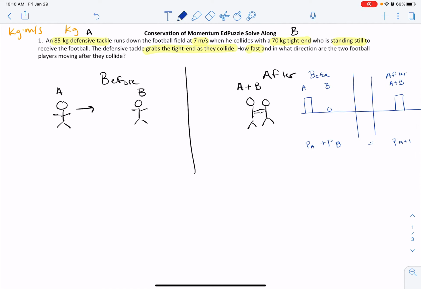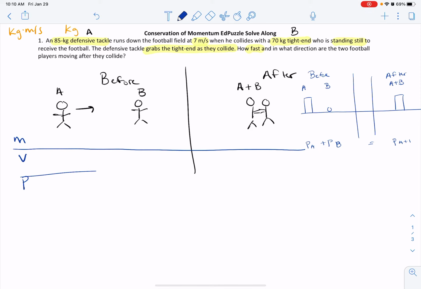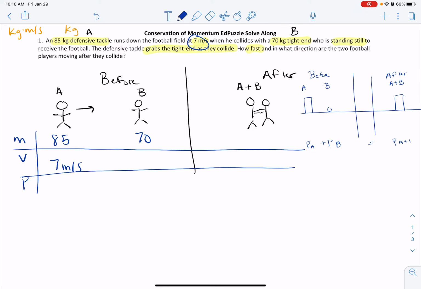Sometimes it's helpful to make a little chart where we have our mass, our velocity, and our momentum for before and after. The mass of A we know is 85 kilograms. Mass of B is 70. And our velocity of A is 7 meters per second, from the problem. It says the 70 kilogram tight end is standing still, so that means its velocity is 0.